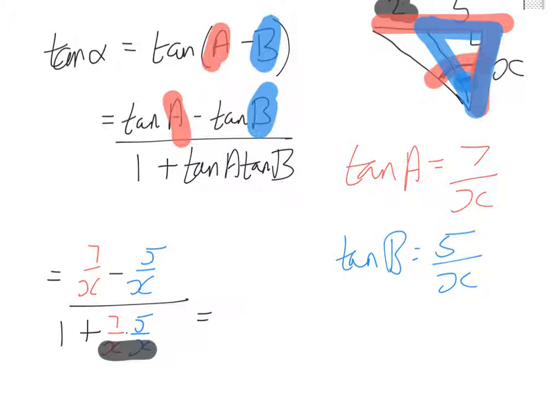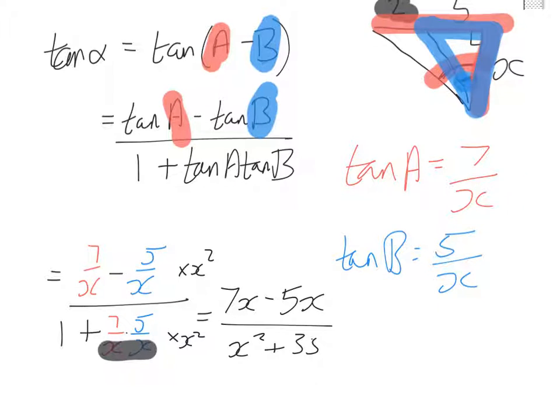I'm going to multiply top and bottom of that big fraction by x squared. That will give me 7x minus 5x in the numerator, and in the bottom it will give me x squared plus 7 5s, 35. 2x over x squared plus 35, QED. That's exactly what we were told to find.